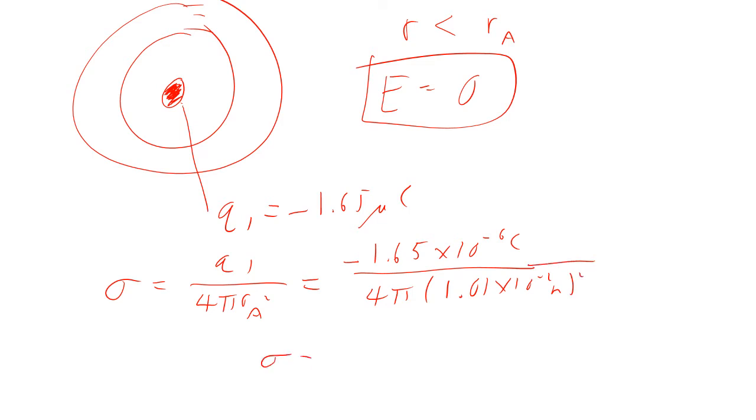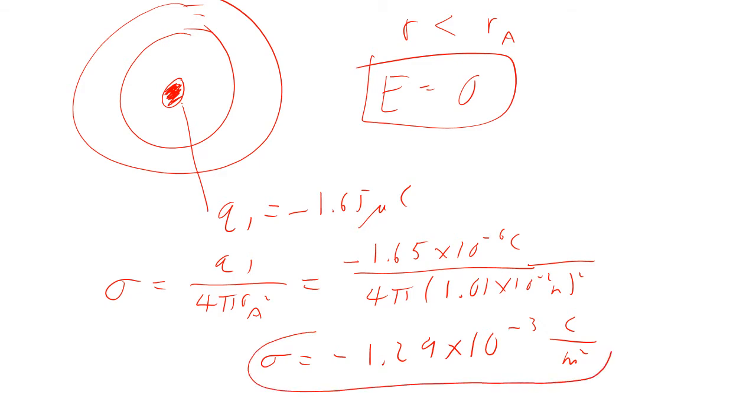So sigma comes out to be equal to a negative 1.29 times 10 to the minus 3 coulomb per square meter.